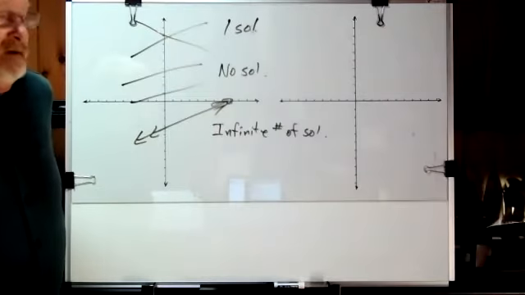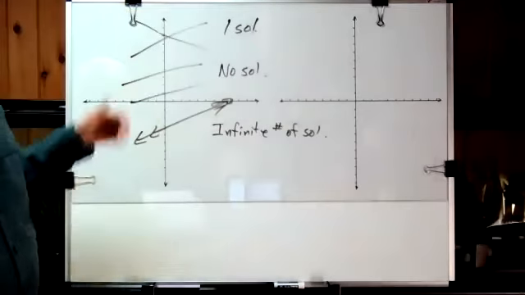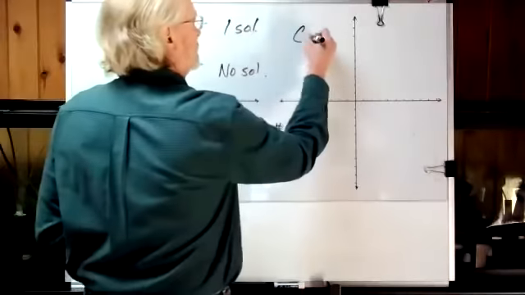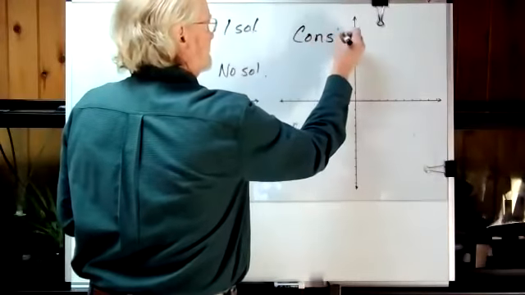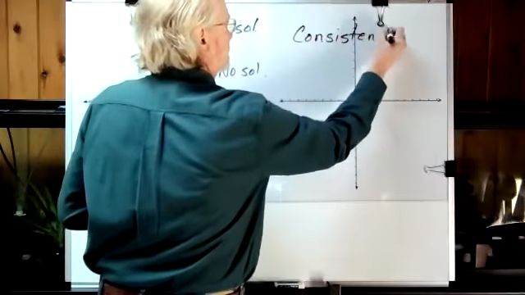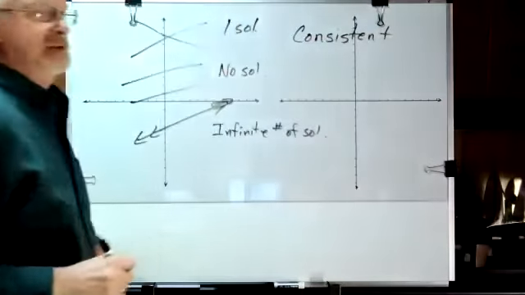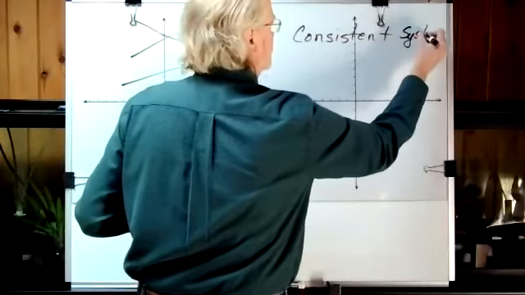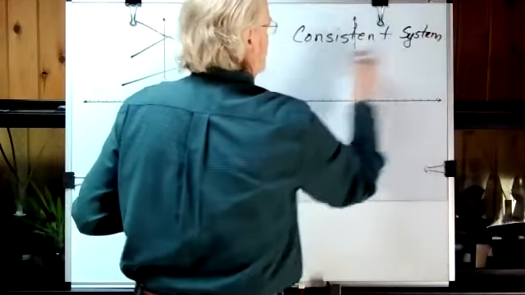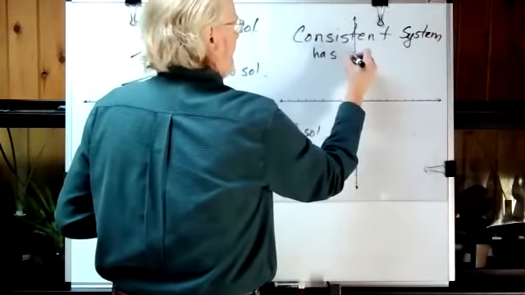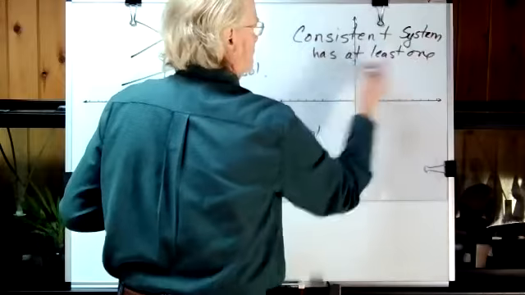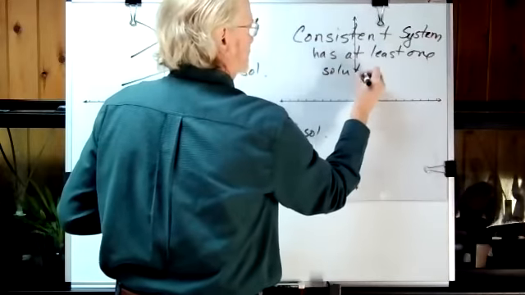Now, we do have some other terminology, unfortunately, vocabulary that we use for these. One term is, we say a consistent system has at least one solution.